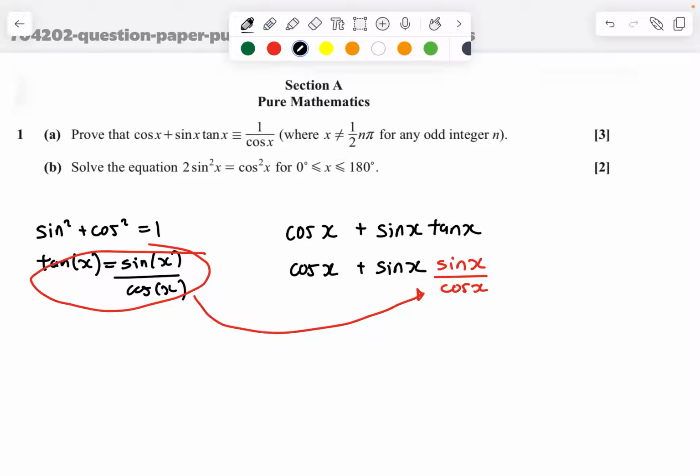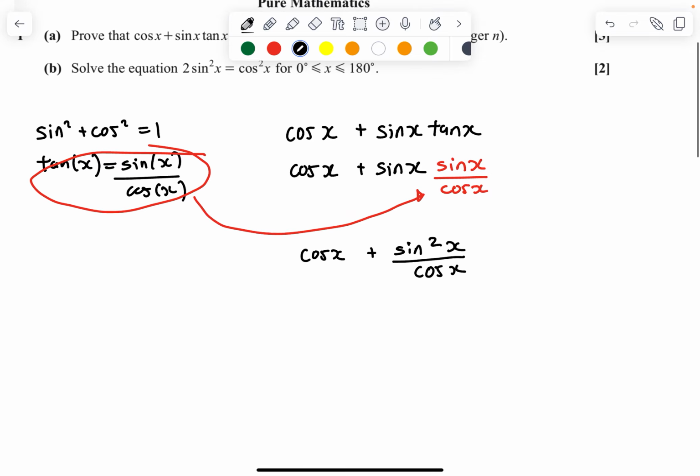Okay, so now I've got that. Now, if I think about this, I've got cosine, I've got sine times sine. So now I've got cosine of x plus sine squared x divided by cosine of x. And what I'm going to do is write this as an equivalent fraction and then combine them.